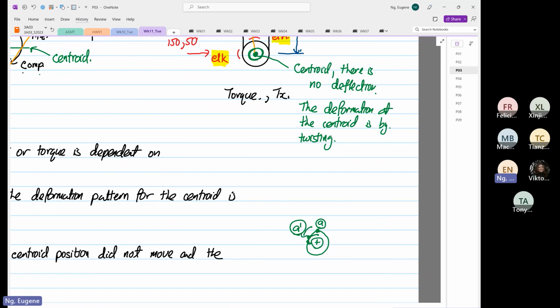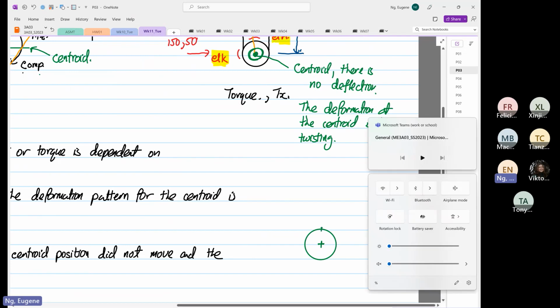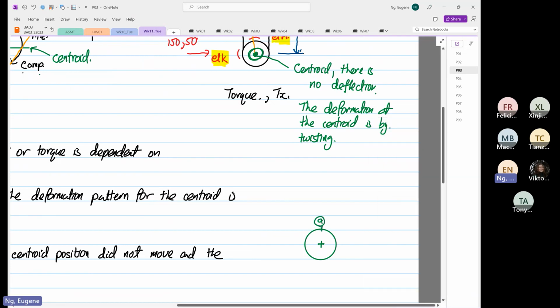So hold on, let me draw this figure better. I do apologize. Okay, this is the center. This is point A, the original point A, and then due to the torque, you get A prime.